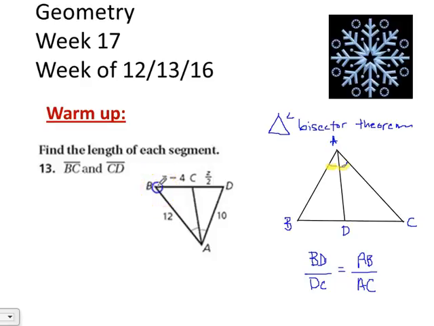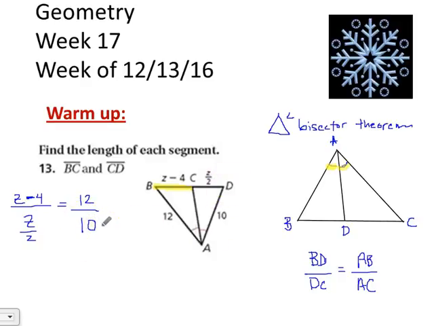We're going to say side BC, which is z minus 4, all over the other base length, which is just z over 2. Set that equal to this side length here, which is 12, over this side length, which is 10.